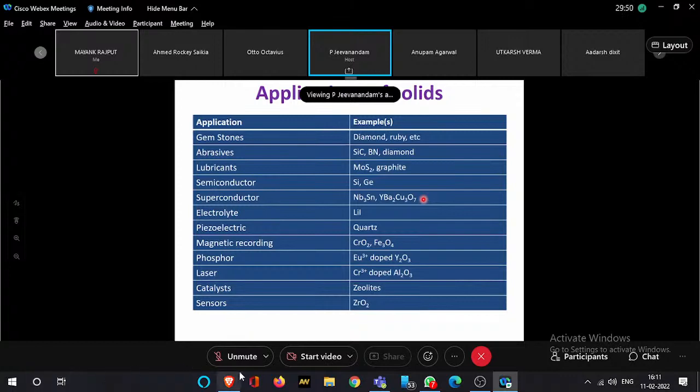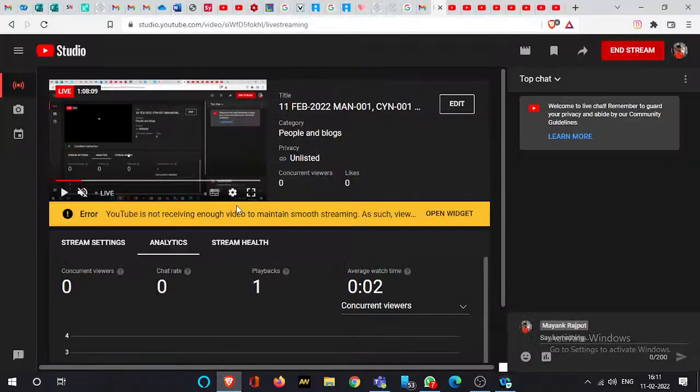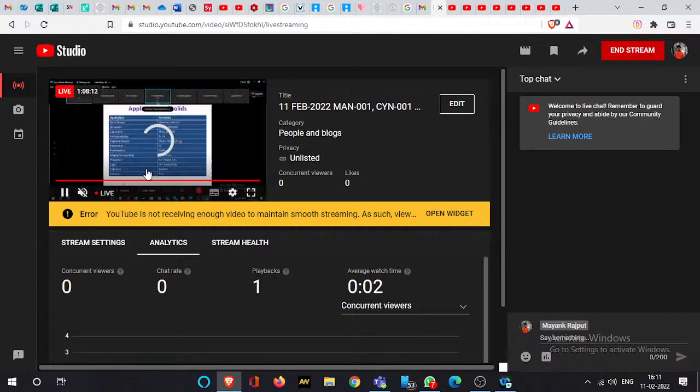A superconductor is one which has zero resistance below a particular temperature called the critical temperature. We call it TC. Now, if your material is superconducting, that means it has no resistance to current. So you can push so much current. Now the question is, where do you use superconductors? It is used wherever you want a very high magnetic field application.